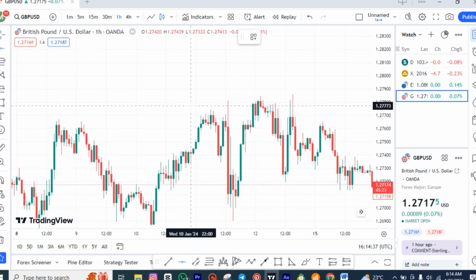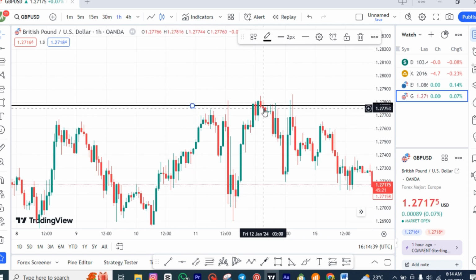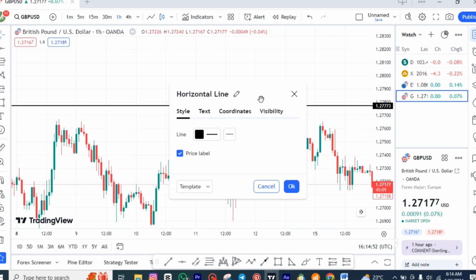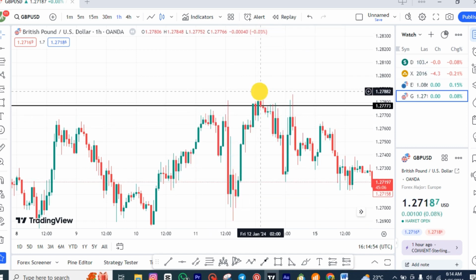Another thing they do is that they always look for a sell. Maybe they have a resistance here, so they see the market reacting here, and then they also have a sell around here. When the market comes back to this area, they sell, and their stop losses are always around this area, slightly above here.